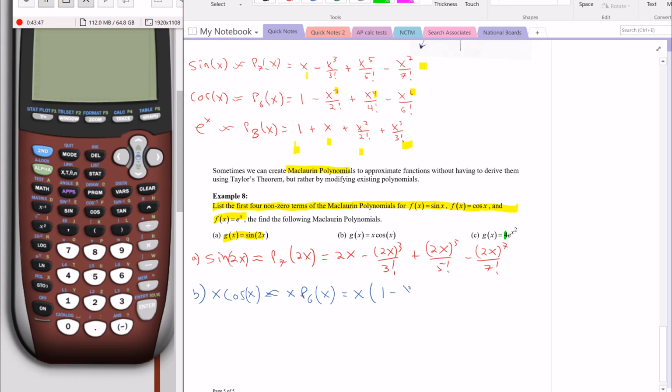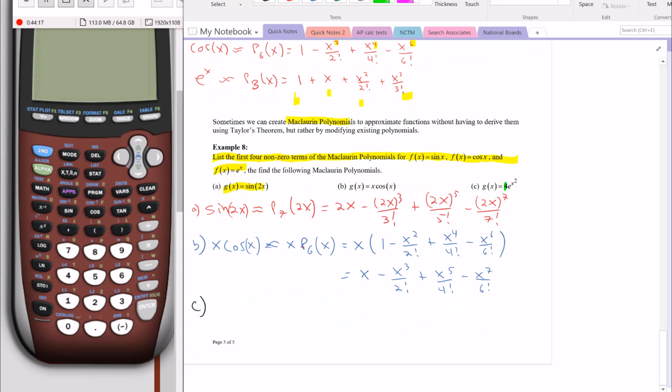The polynomial for cosine was this. And then you can see you could distribute that in there, and you would get that.